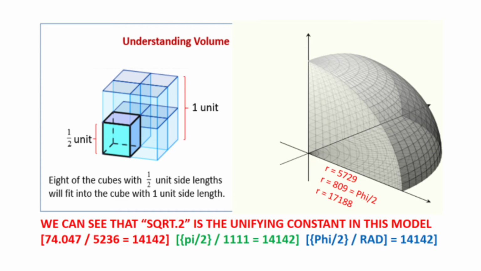Kepler concluded that this problem of integrating a 90-degree coordinate system into a 60-degree sphere packing geometry was unprovable, which resulted in his Kepler conjecture spatial efficiency solution of 74.047%.